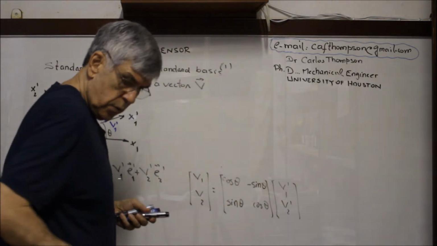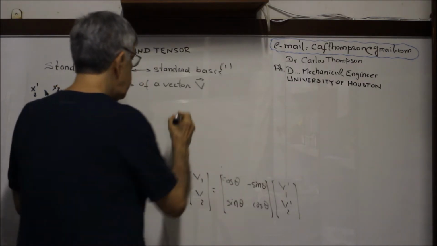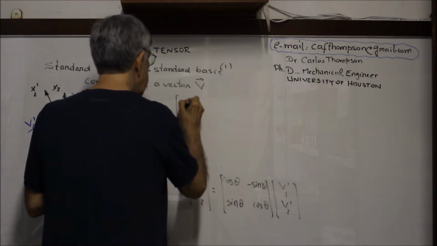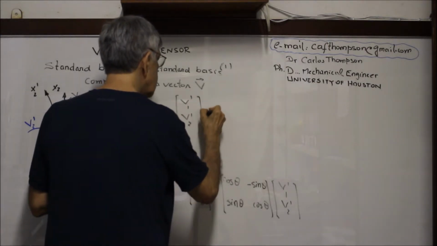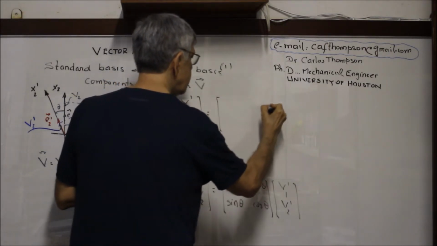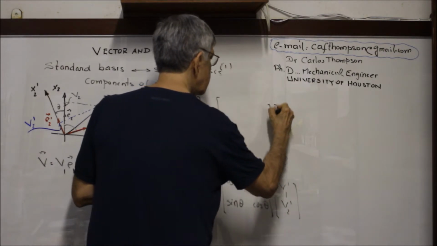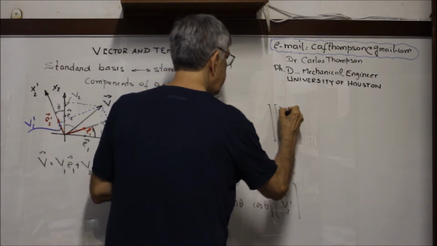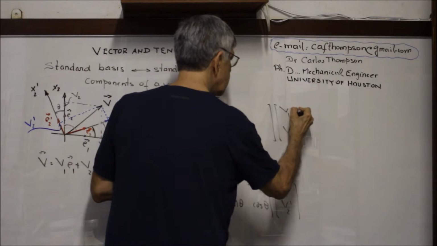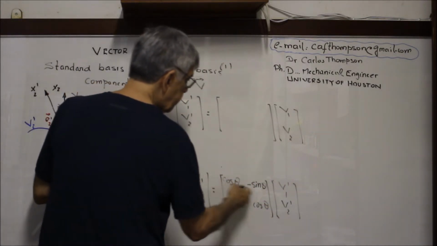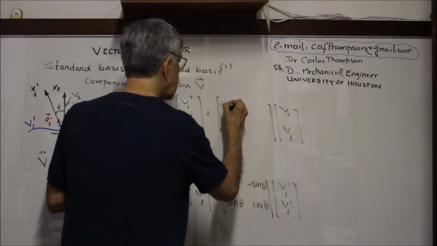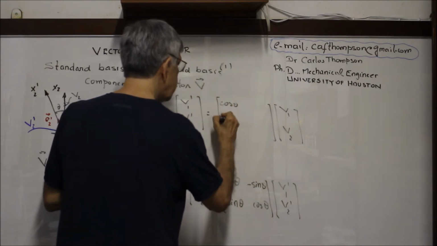Now, you can write V1 prime, V2 prime is equal to, see, this will be V1 and V2. Okay? Now I take the transpose. This is the first row, I put the first column.